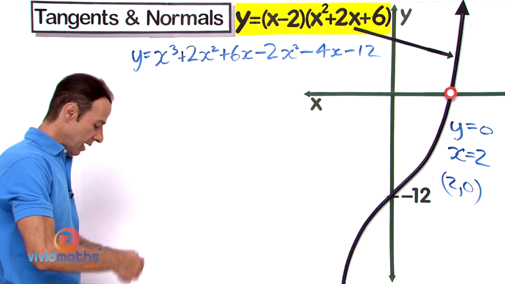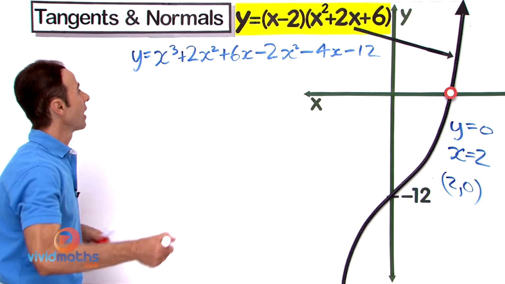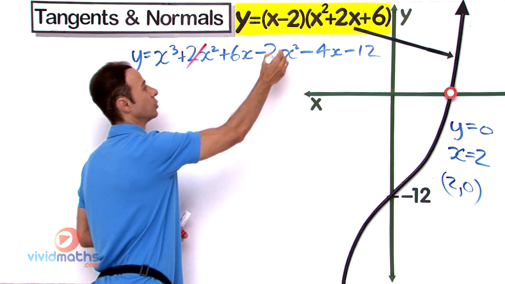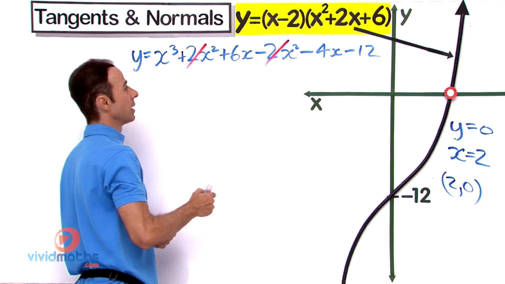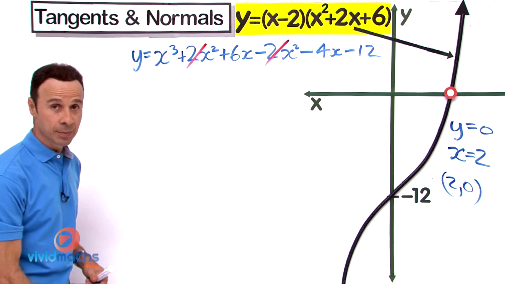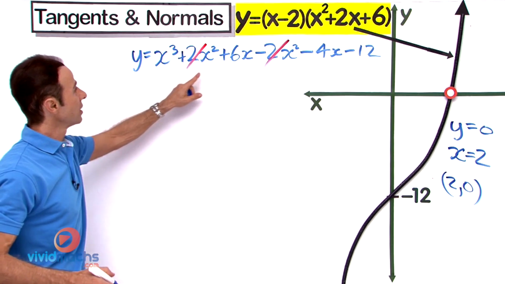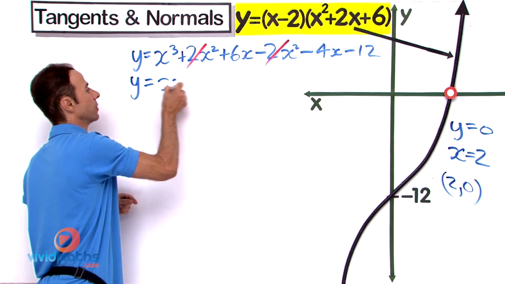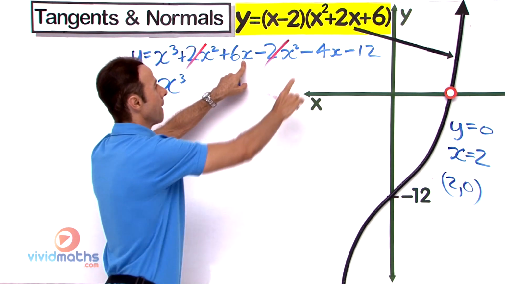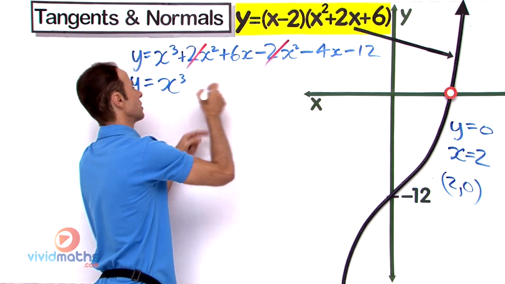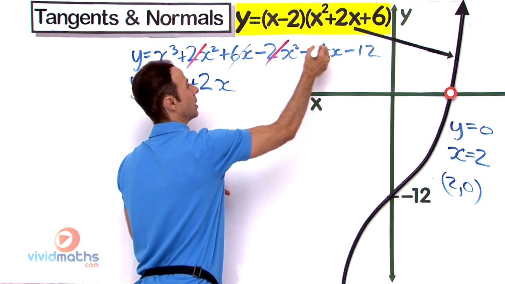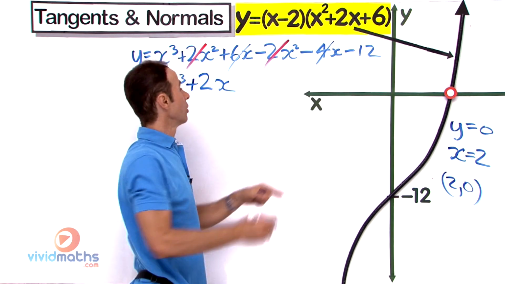Okay, let's see what we can cancel here. There's a bit of cancelling. We have a plus 2x squared, we can cancel that. And a negative 2x squared, we can cancel that. Now, let's see how we can further simplify this. We've got here x cubed, so our y equals, and we've got 6 minus 4, that's going to give us 2x, isn't it? And finally, we have the minus 12.